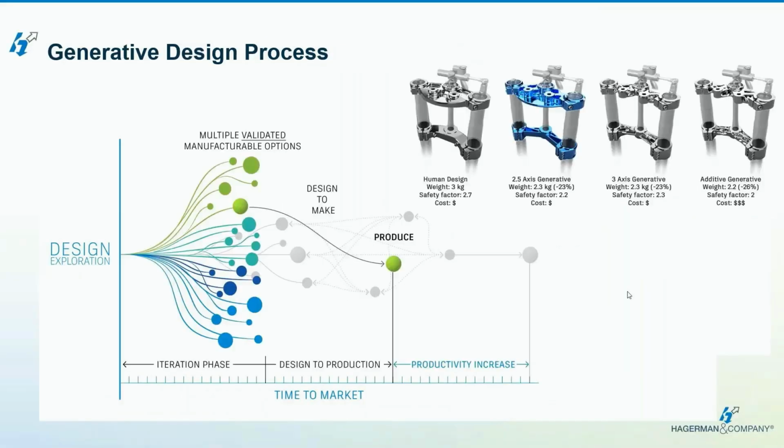But with generative design, we're throwing our objectives inside of the software, and it's coming out with a lot of different outcomes, optimizing each outcome that it produces depending on the material and the manufacturing process we give it. Then we can pick and choose, instead of doing this all manually and thinking about it with our human limitations. We can use the software to spit out the optimized version, and then we can pick and choose which one we want to produce.